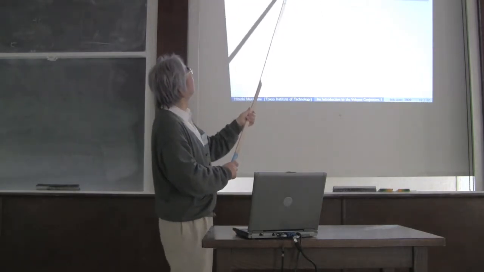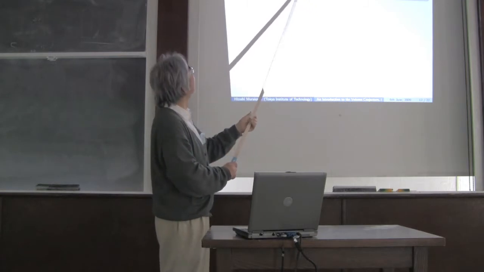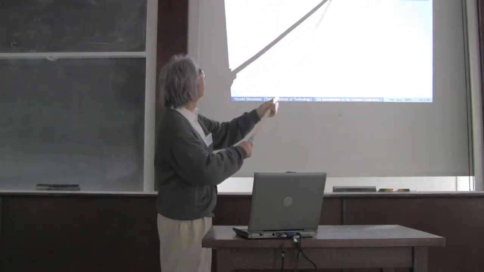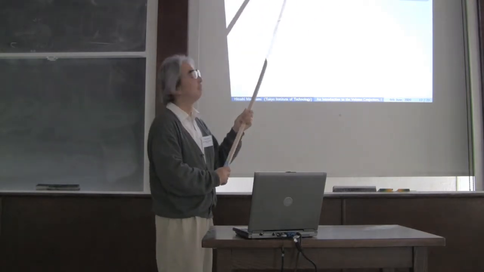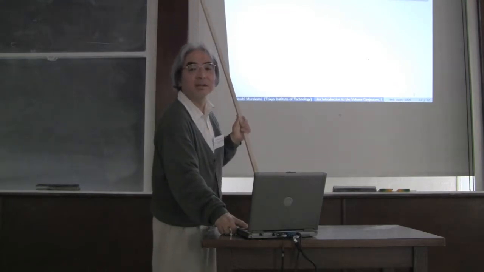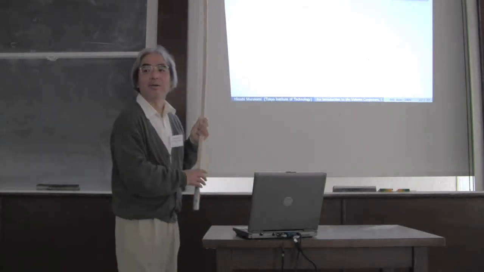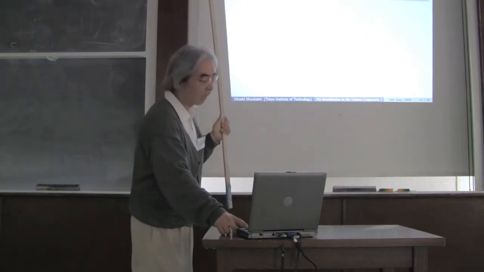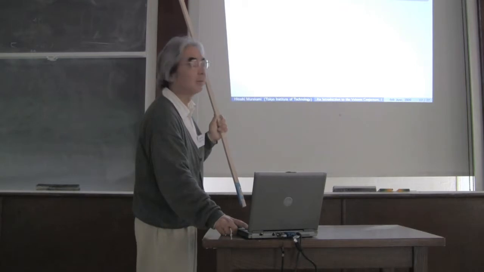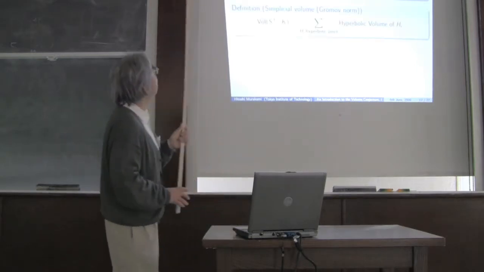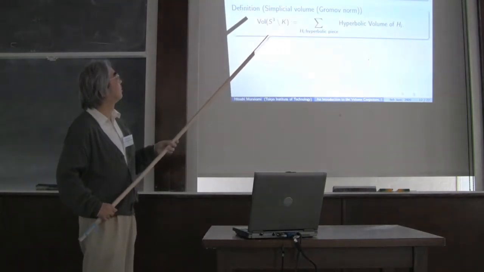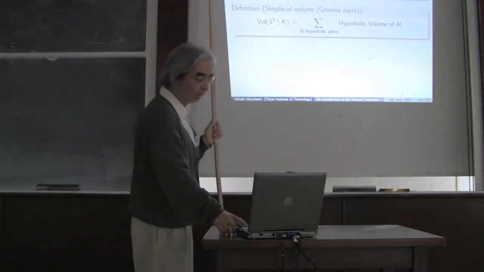Okay, so we know the left-hand side, even though we don't know whether the limit exists or not. But we know the definition of the left-hand side. So what is the right-hand side? If the knot K is hyperbolic, we can define its volume. But how can we define the volume if the knot is not hyperbolic? So the definition of the volume of the knot complement is given by the so-called simplicial volume or Gromov norm.